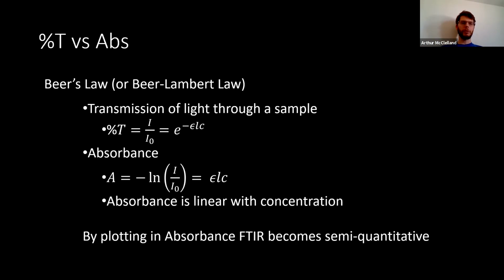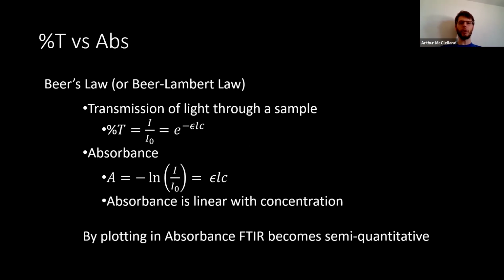If you plot in absorbance units, you take the negative natural log of I over I naught, and that gets rid of the exponential, and then it's just epsilon LC. Epsilon is again a fundamental parameter of your sample. L is the path length, so assuming you make your samples so they all have the same volume of sample interacting with light, then the absorbance is linearly related to the concentration.